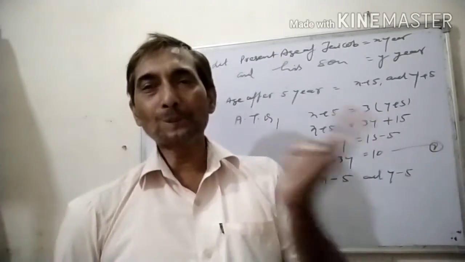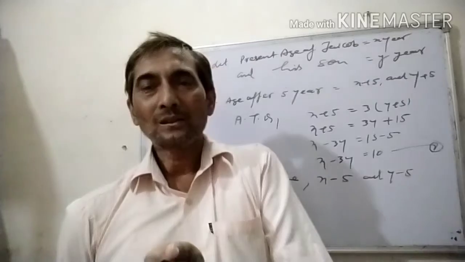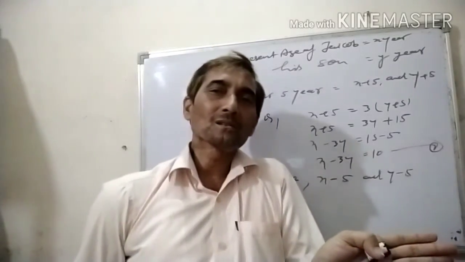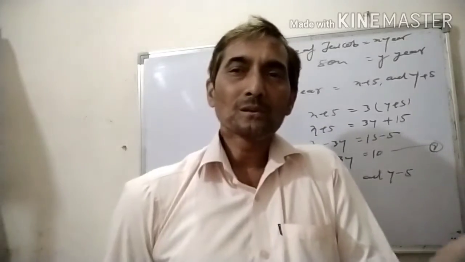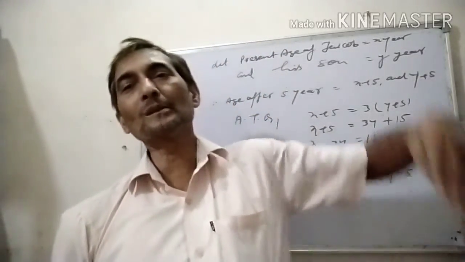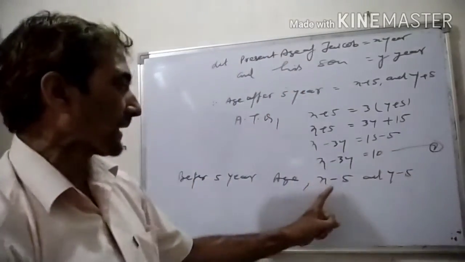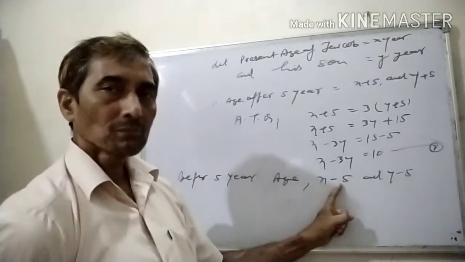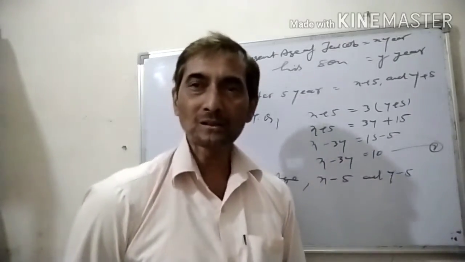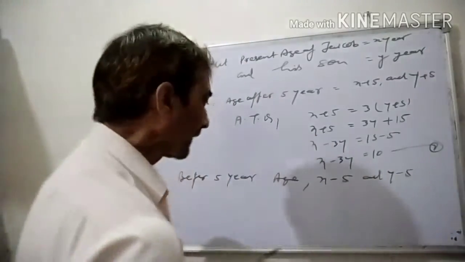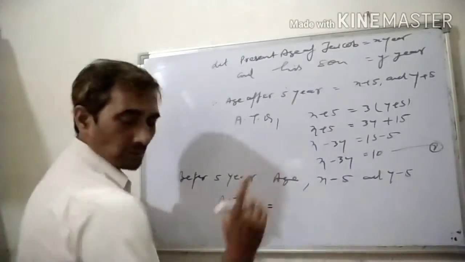Similarly, if you are 10 years at the present time, then 5 years before, what was your age? 10 minus 5, that means 5 years. So we subtract 5 from Jacob's age and his son's age. Then we find the age before 5 years, and the condition is ATQ 2.